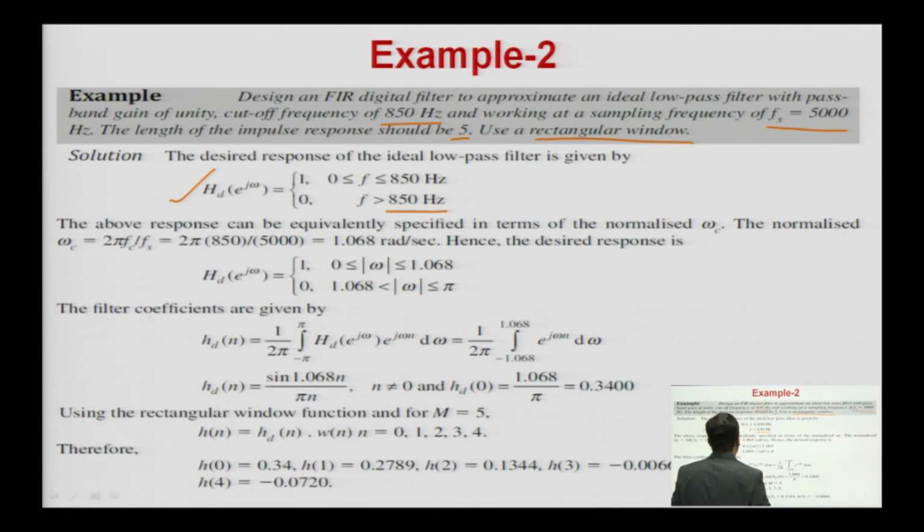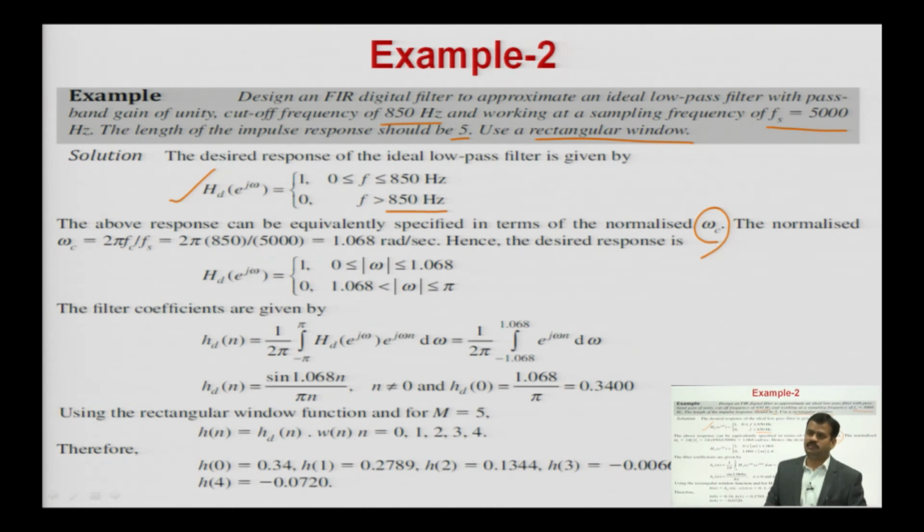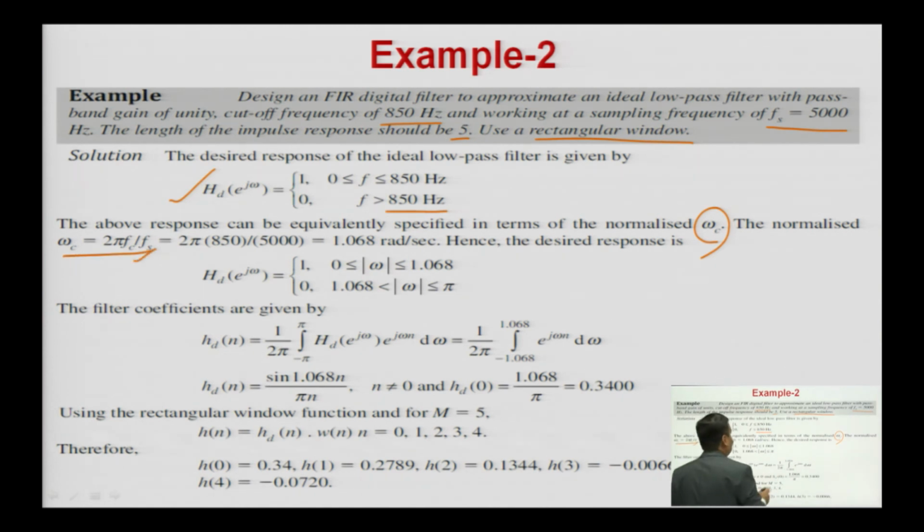The above response can be equivalently specified in terms of normalized omega c, because generally we are taking our expression, our solution, in terms of angular cutoff frequency, that is omega c, but Fs is given to you. So, you have to convert this one. The normalized frequency omega c is equal to 2 pi f c upon Fs, because sampling frequency is also given.